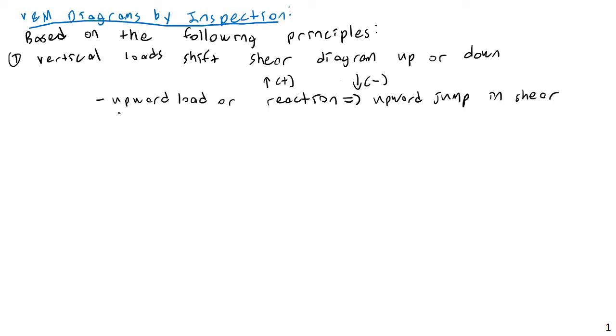And then a downward load does the opposite. A downward load or reaction yields a downward jump, or downward drop, in shear.